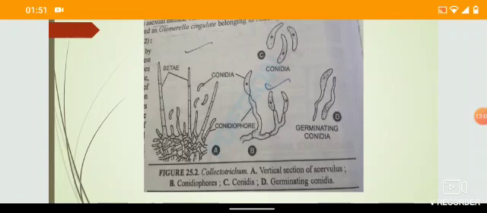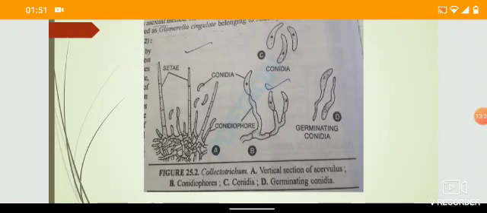So in this way, the conidia are released, and whenever they find a suitable substratum, each conidium germinates by giving out 1 to 4, or generally 2, germ tubes.